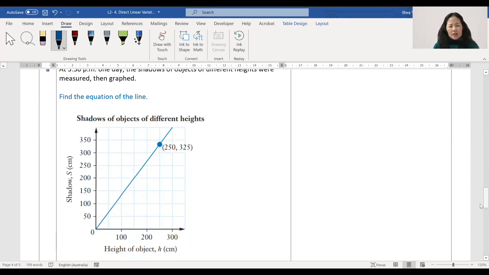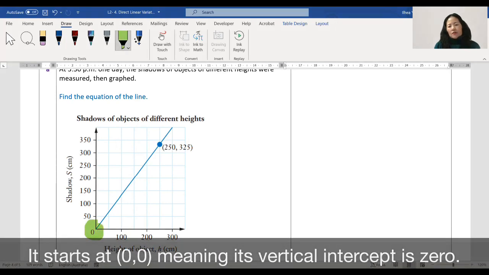How can I tell this is direct variation? Because the question doesn't say directly proportional or directly change or anything like that. But, guys, it starts from 0, 0, doesn't it? That just indicates it is a direct variation.